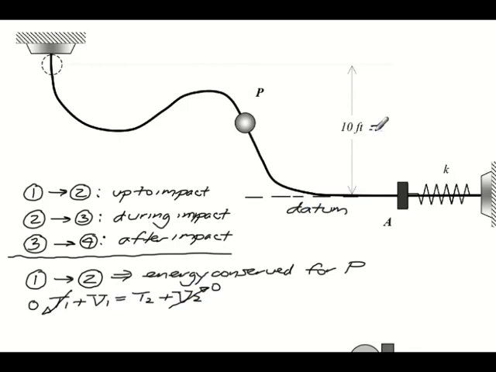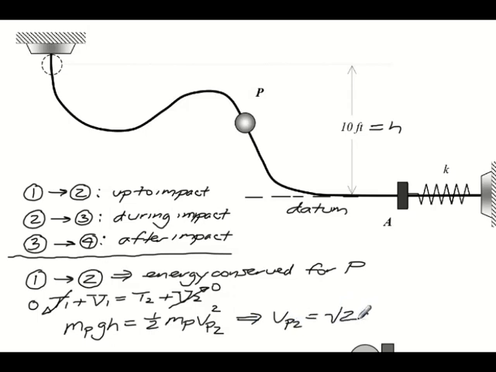If I call the 10 feet through which that ball drops in a vertical direction H, then I have m_P g h is equal to 1/2 m_P v_P2 squared. So energy is conserved, and what we find from here is that v_P2 is the square root of 2gh.